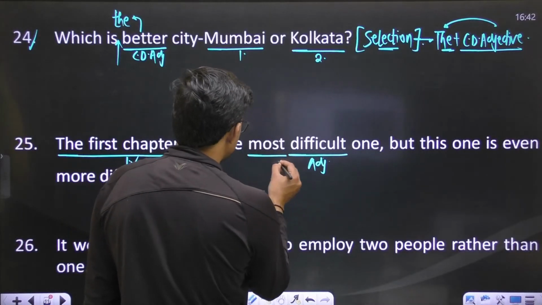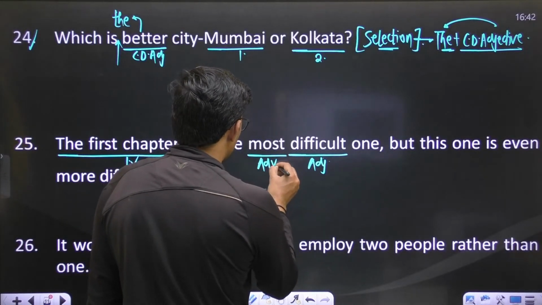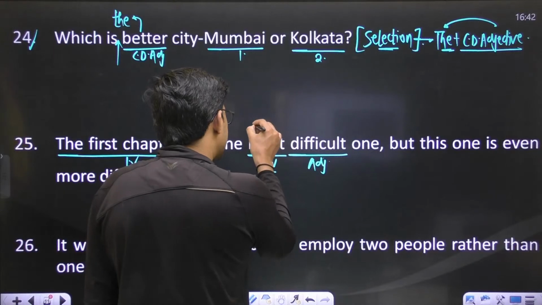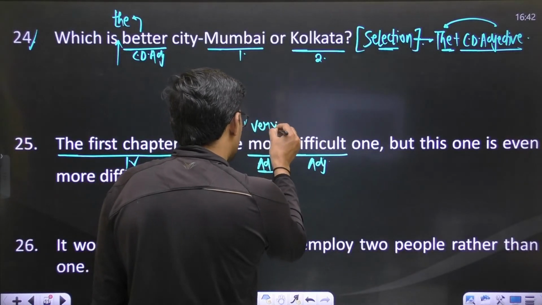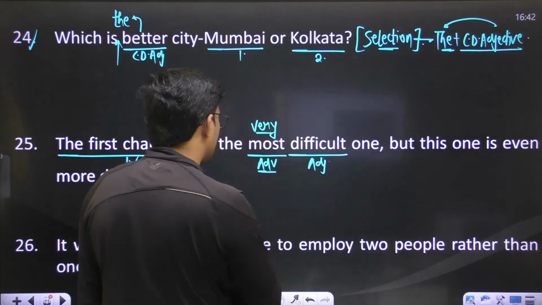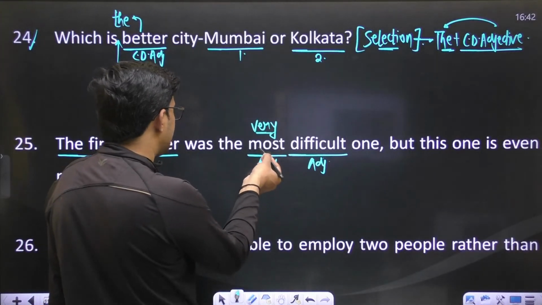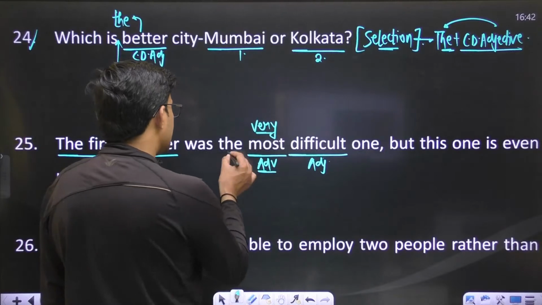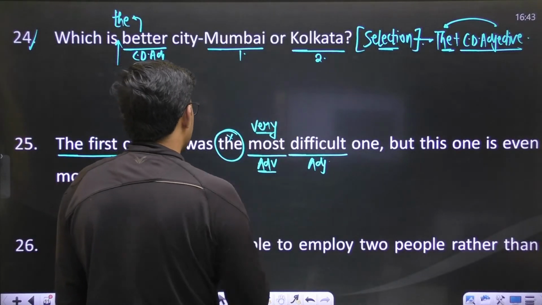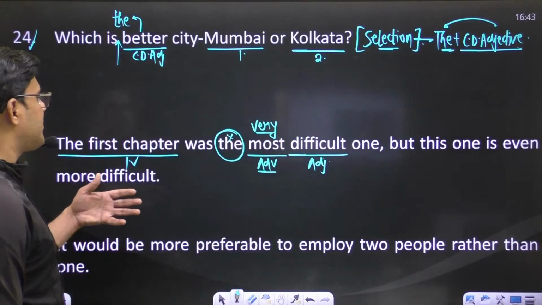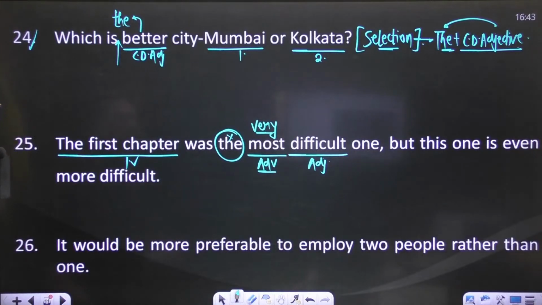Here word most is an adverb, and whenever word most is an adverb it shows the sense of very. It shows the sense of very, and this is not an adjective of superlative degree, so that's why drop article the, and sentence will be like the first chapter was very difficult one, but this one is even more interesting.